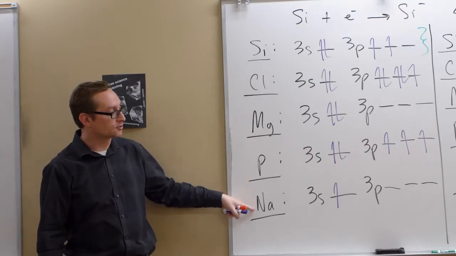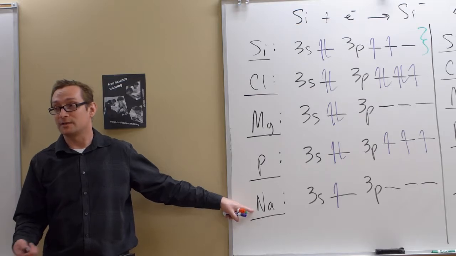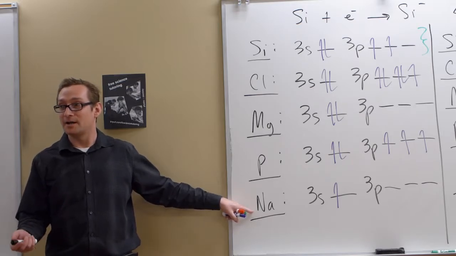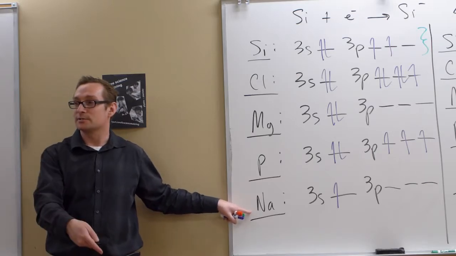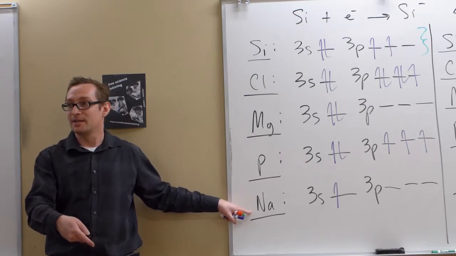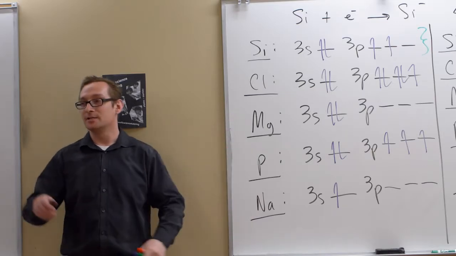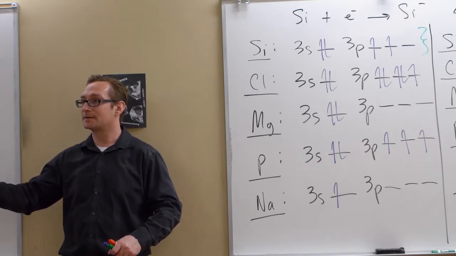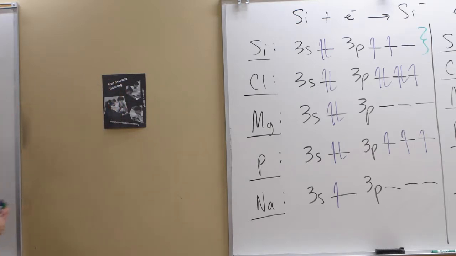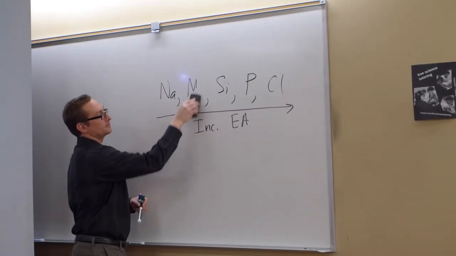Sodium wants an electron slightly more, although I'll tell you, in general, the metals just don't want electrons. But if you had to compare sodium to magnesium, it's a little bit easier to add an electron into a sodium atom than it is to magnesium. And again, the reason is that by adding an electron to magnesium, you've got to add that extra electron in a higher energy 3p subshell now. Okay. So it turns out that we got to reverse these two.